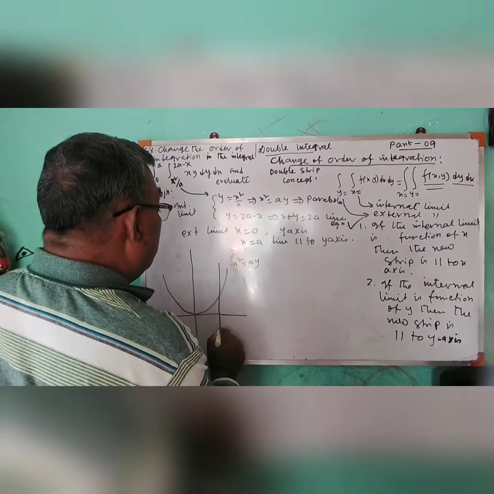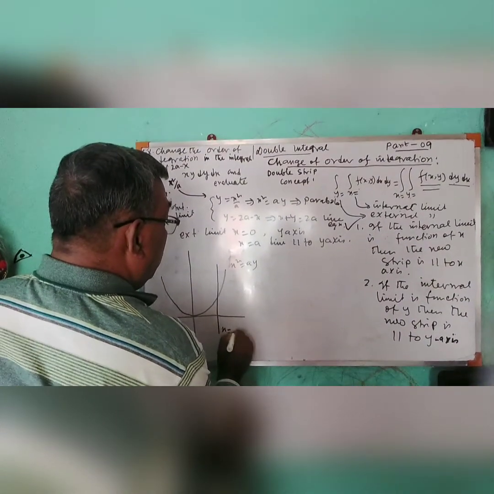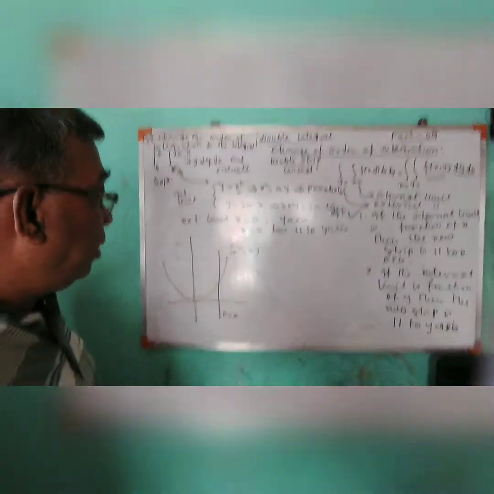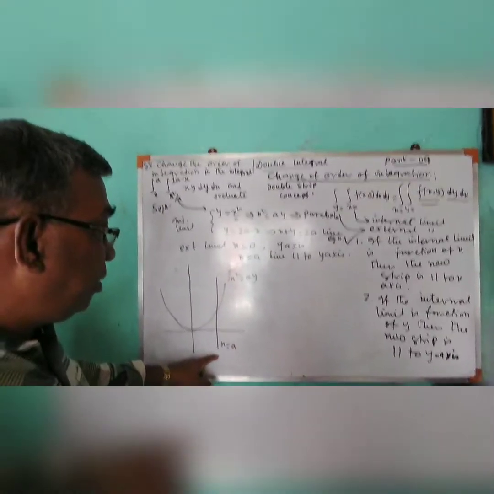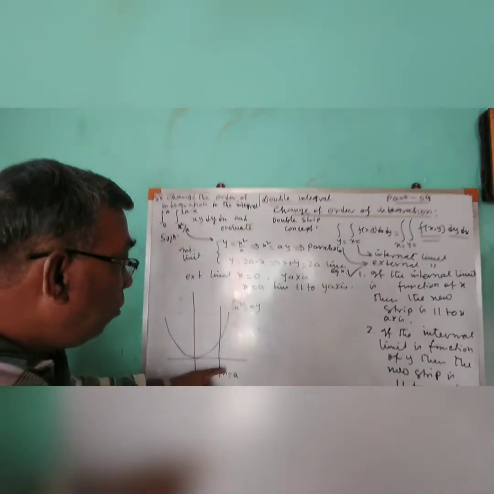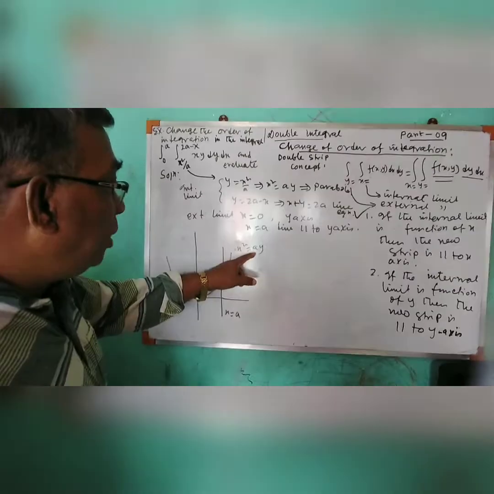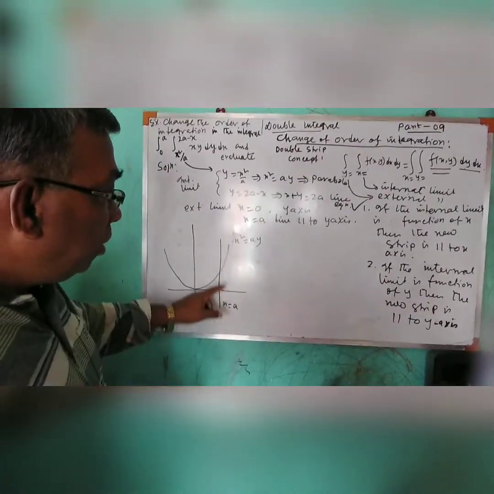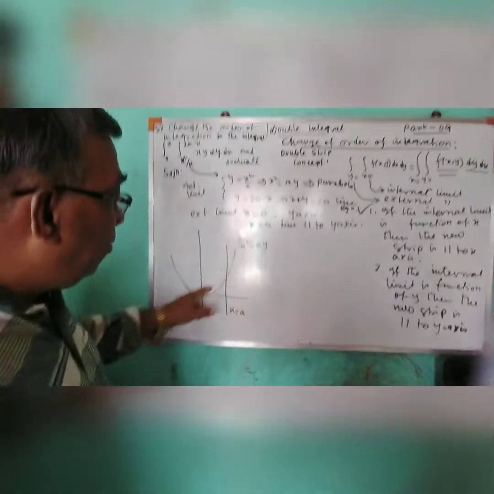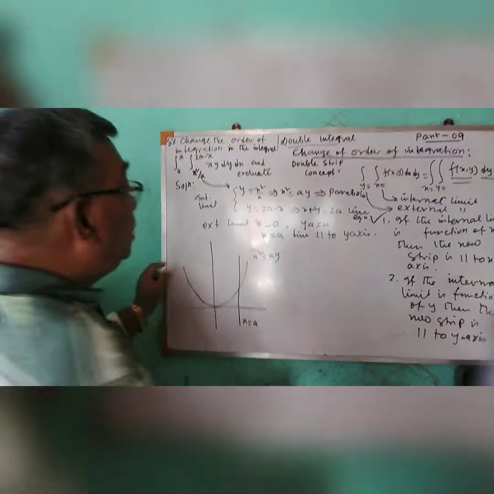This is the parabola, and this is x equal to a. So what will be this point? We put x equal to a over here, then y is also a. If we solve the parabola and this line equation, we get this point.